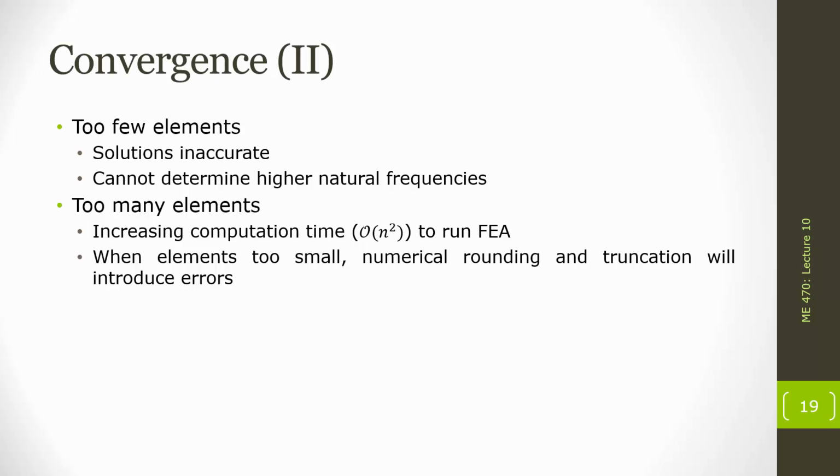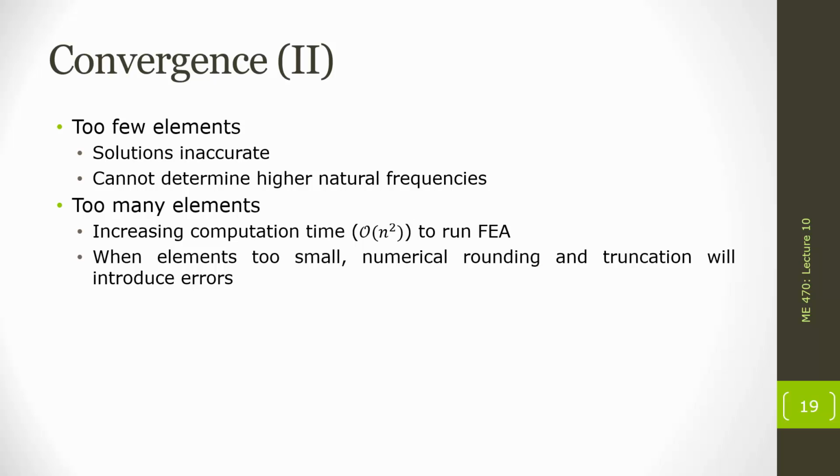And then the problem of using too many elements, as discussed at the beginning, is that this increases the computation time roughly quadratically in how long it takes to run the FEA. So if we jump right to using 1 million or 10 million elements, it might take forever to actually do that computation, when the first few natural frequencies we're interested in may have converged well before using that many elements.